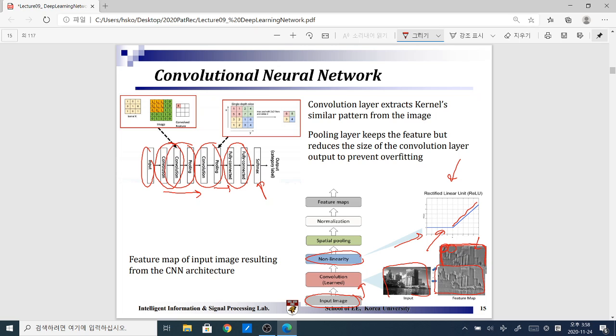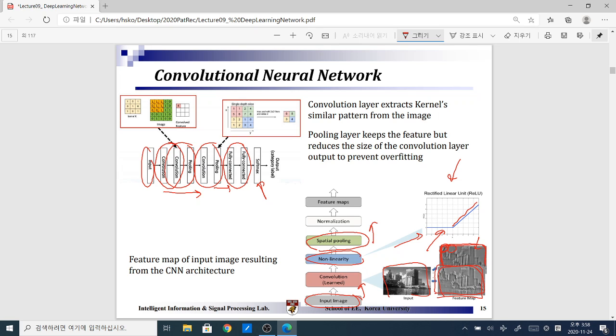And then after that, it goes through the pooling process, so that the feature map is actually reduced, making a little bit more blurred image, so that once again the total number of the features, or the total number of the connecting weights, can be reduced.